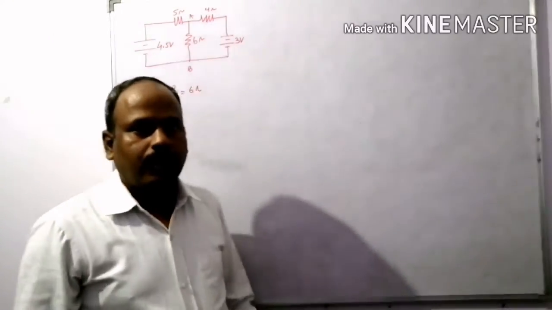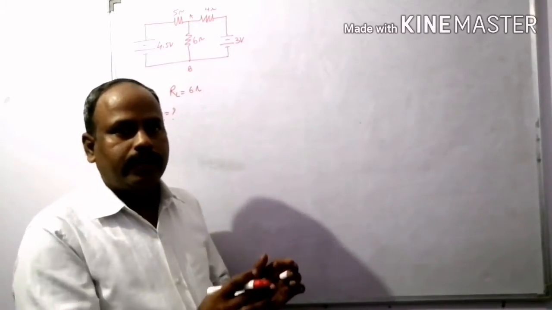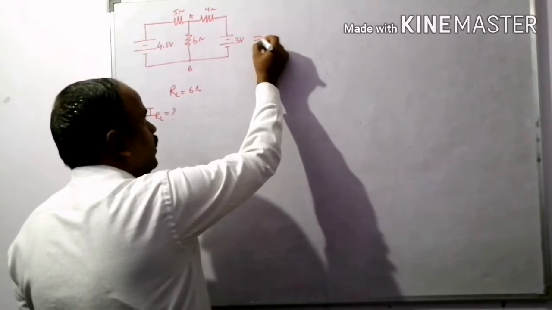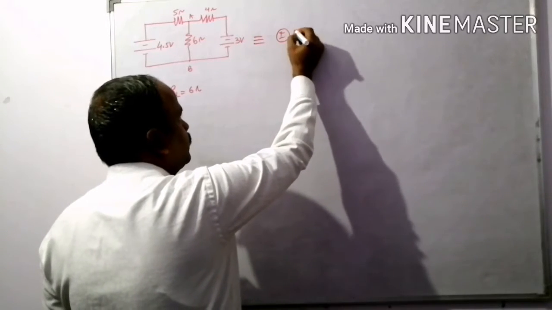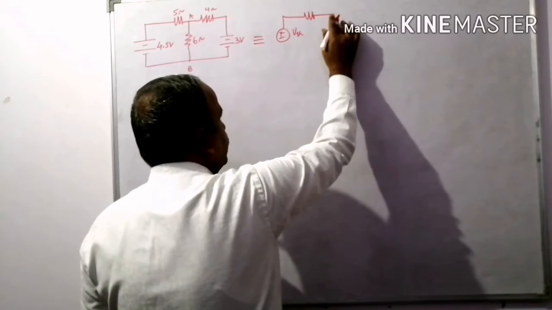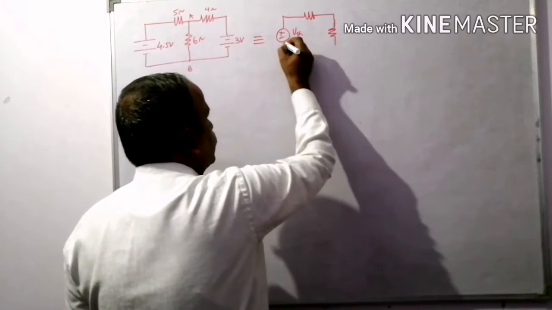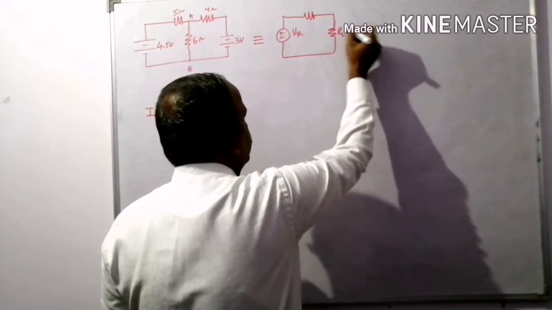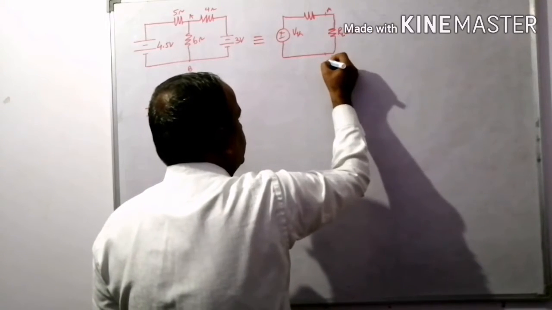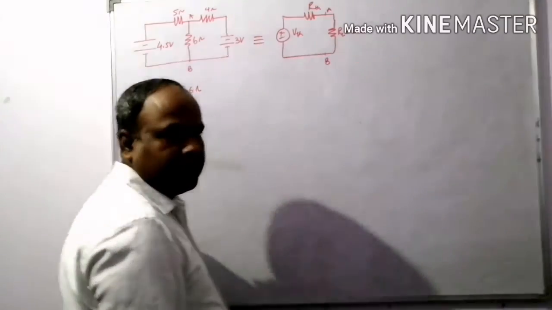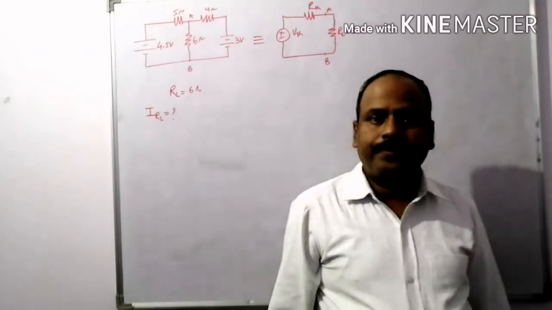That's why, first of all, I reduce it into an equivalent circuit diagram containing VTH, RTH and RL, right? The value of RL is 6 ohm, which is connected in between points A and B, and it's your RTH. Is it clear?